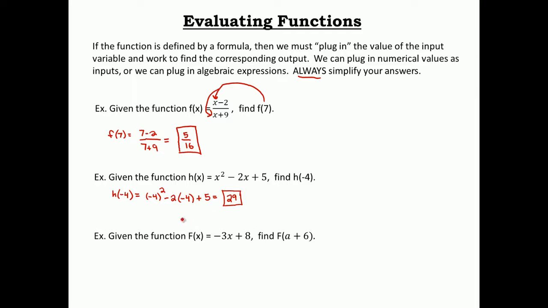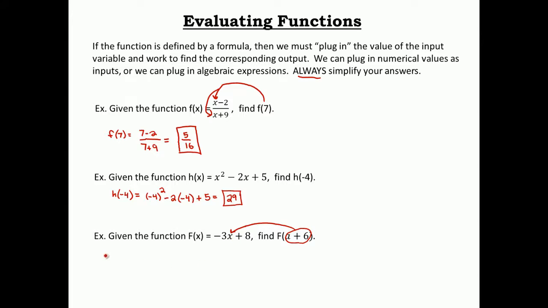In our last example, we have the function capital F. Here, f of x is equal to negative 3x plus 8. And now we want to evaluate that function with the input a plus 6. This means wherever we see the x, we're going to plug in this entire expression, a plus 6.